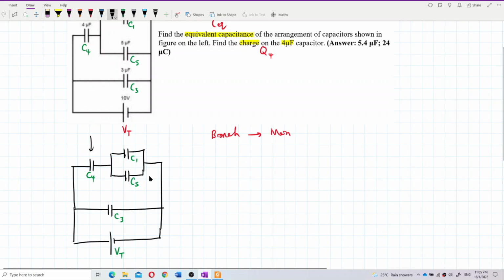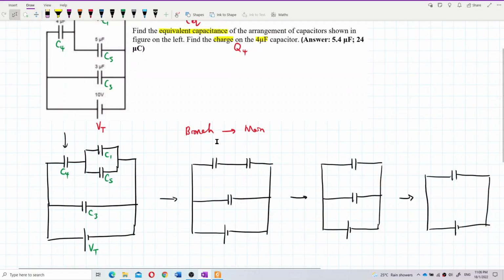Let me redraw it. Okay, I've redrawn already. This C1 and C5 is in parallel, so we can combine this.